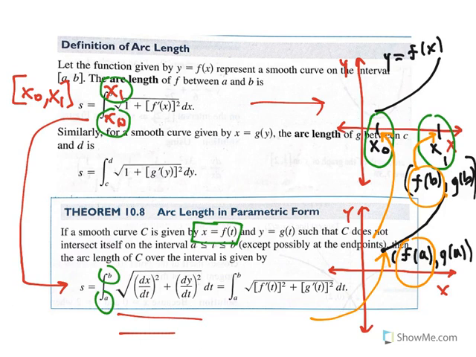So that is why x naught is replaced with a, and x sub 1 is replaced with b, because those are the values of the parameter t that give us the corresponding endpoints of the curve.